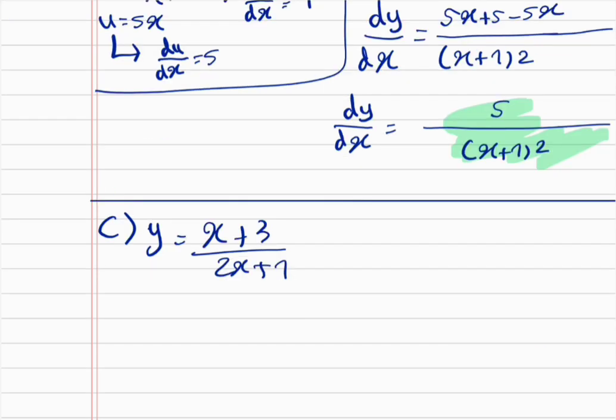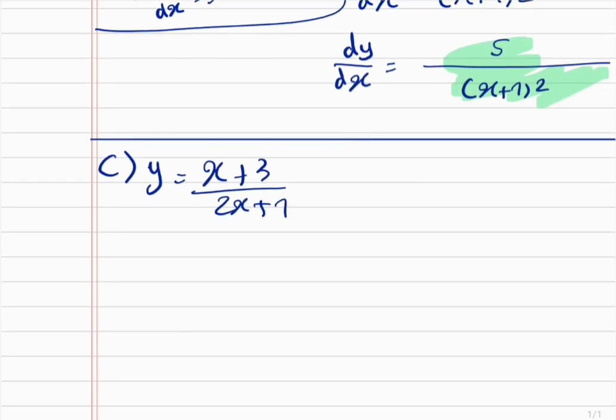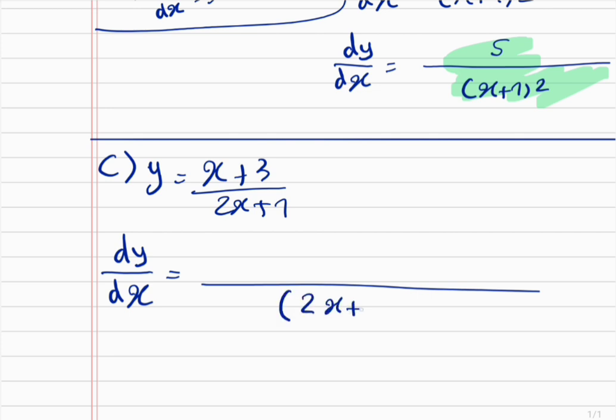Okay, C is y is equal to x plus 3 divided by 2x plus 1. Again, the process is just the same as long as you remember the formula. It's very straightforward. The first thing we do is square the denominator function, very simple. Then for the numerator, we always write down the denominator function first, times the derivative of the numerator function.